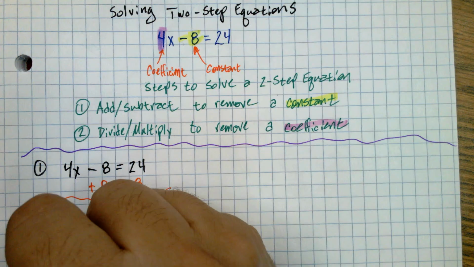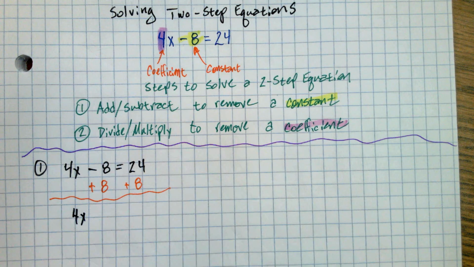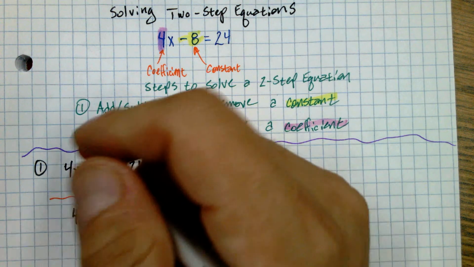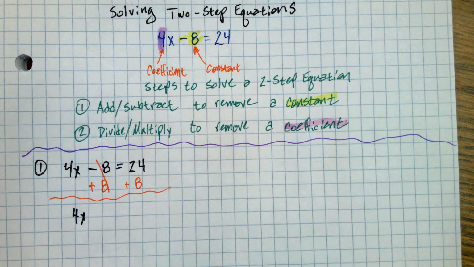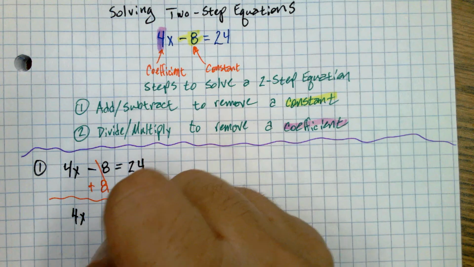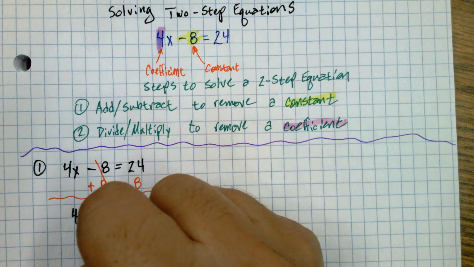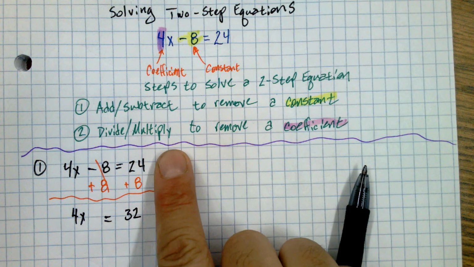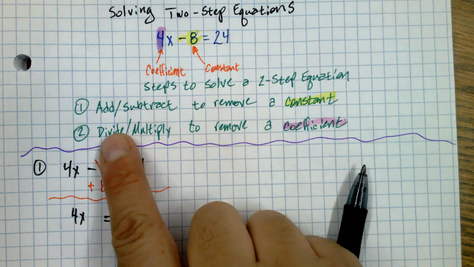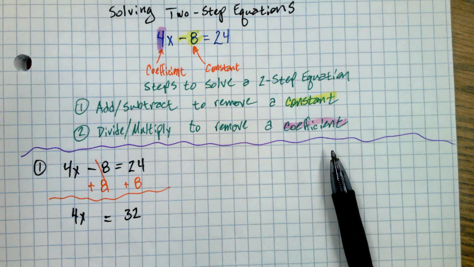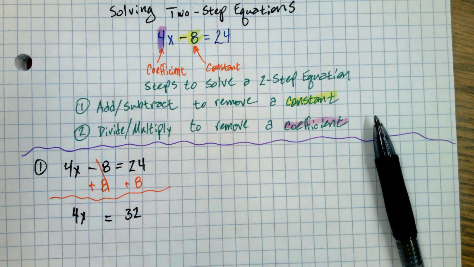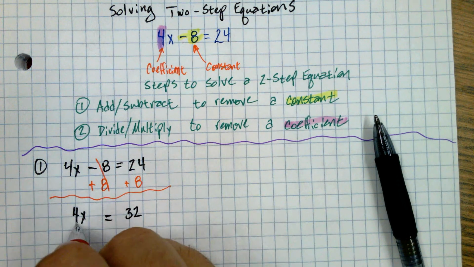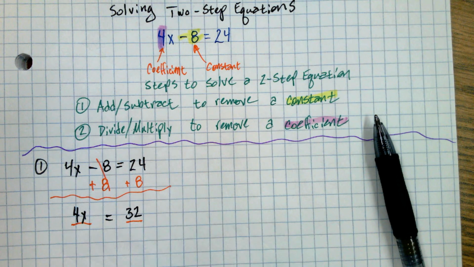Bring down 4x. We're going to zero this out. It cancels. And then we have 24 plus 8, 32. And now we're going to do the next step. We're going to divide to remove the coefficient, which is 4. So let's go ahead and do this.